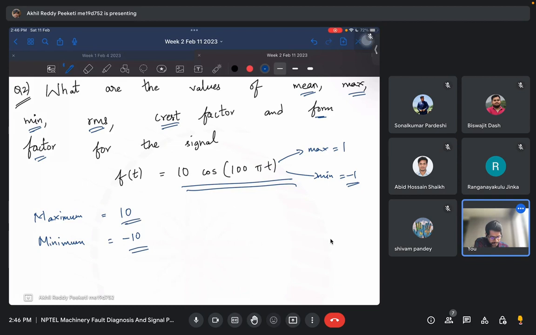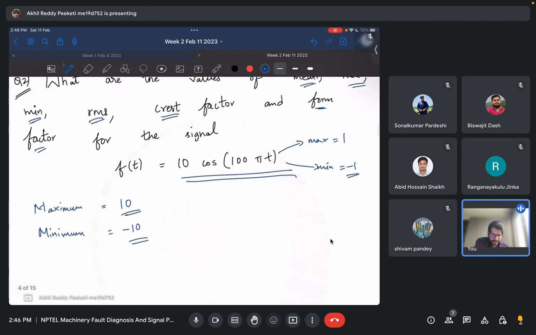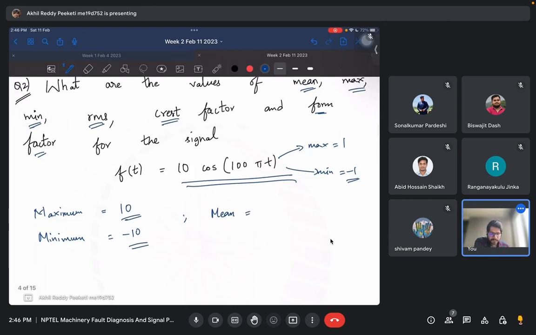Okay, so what would be the mean? So for sine and cos without any constant term, the mean is always 0.